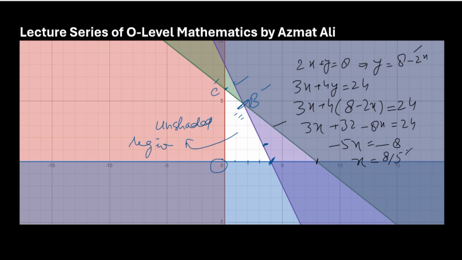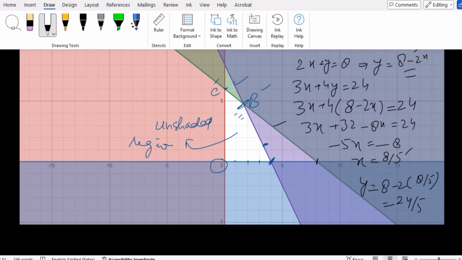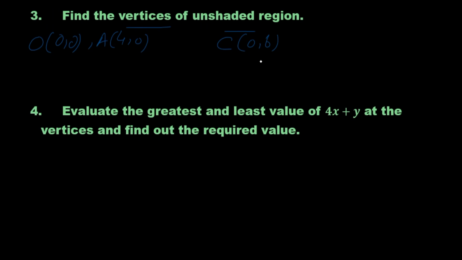Substituting x is equal to 8 by 5 in y, y is equal to 8 minus 2 into 8 by 5. This becomes 40 minus 16 over 5, which is 24 by 5. So the coordinates of B are 8 by 5 and 24 by 5.